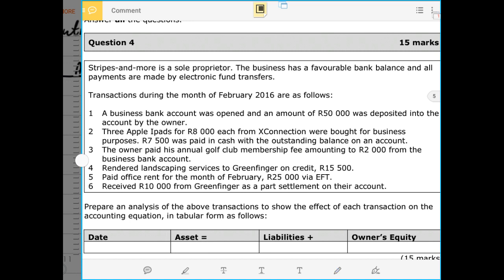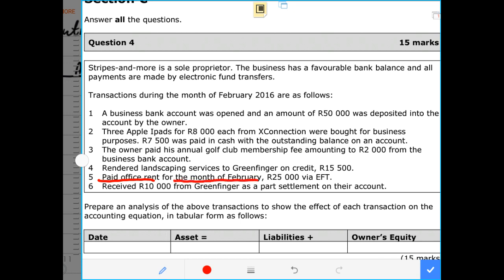Then still moving at that same pace, number 5 says paid office rent, and we know that if you pay, a bank account will decrease. Paid office rent, it was for the month of February, and that is 25,000 via an EFT. And we know that we are paying an expense, then we took money out of the bank, then our bank will decrease.